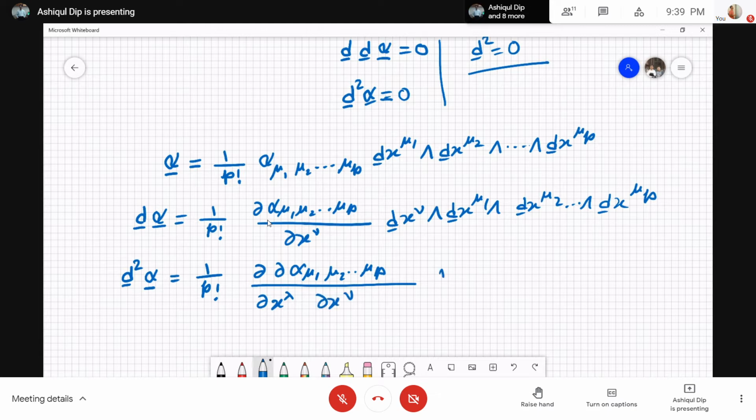Then you have dx lambda wedge dx nu wedge dx mu1 wedge up to dx mu p. This would be your d squared alpha.